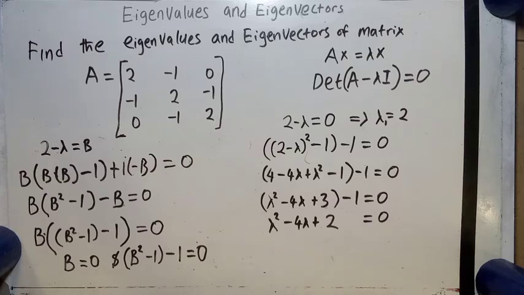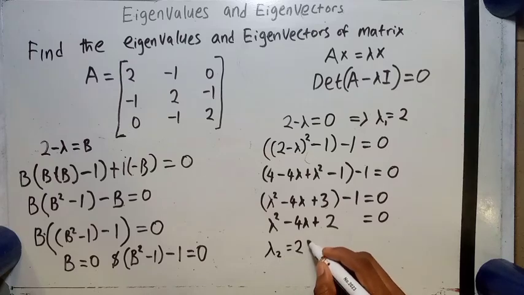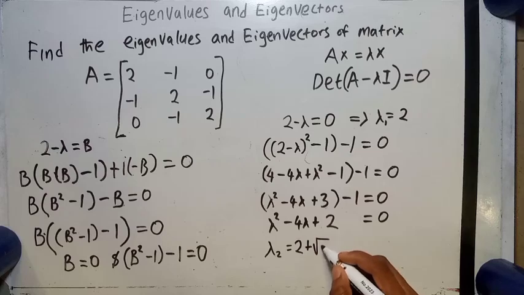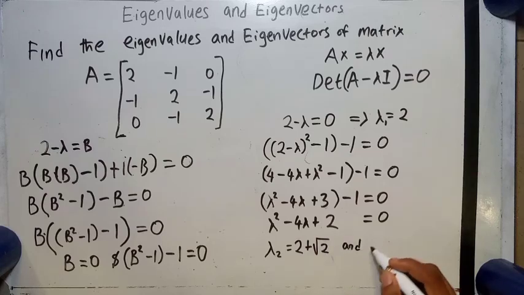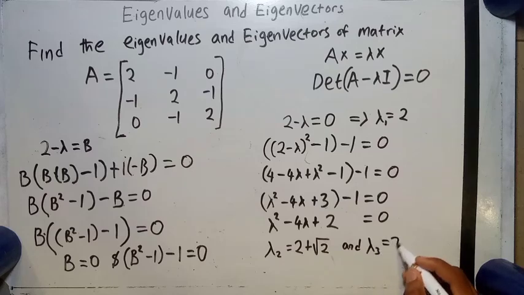Then 2, you'll be having that your second lambda is 2 plus root 2, and your third and final lambda will be 2 minus root 2.